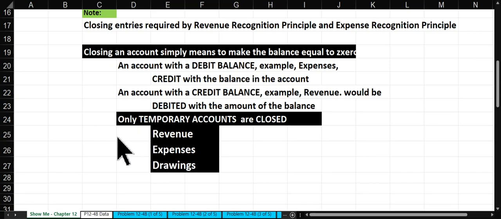If the account has a credit balance, for example, revenue accounts, then we will debit the account with the amount of the balance so that the account will then have a zero balance. Well, if we're debiting an account, what do we credit? Well, it depends on what we are closing. So if we are crediting each expense account, we are going to have to record the corresponding entry in a special account called income summary. I will show you how all of this is done as we go through the problems.